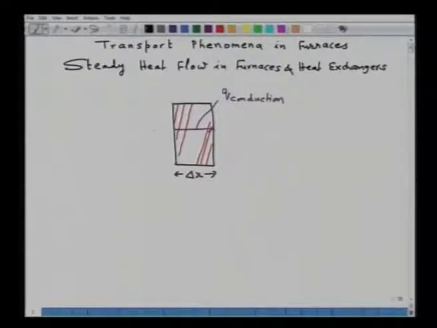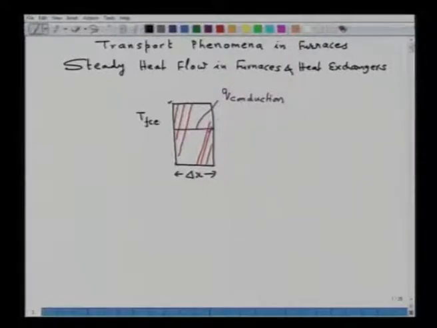That means this refractory wall is facing the combustion chamber of the furnace, and let us say the temperature of the combustion chamber of the furnace, let us put it T furnace.